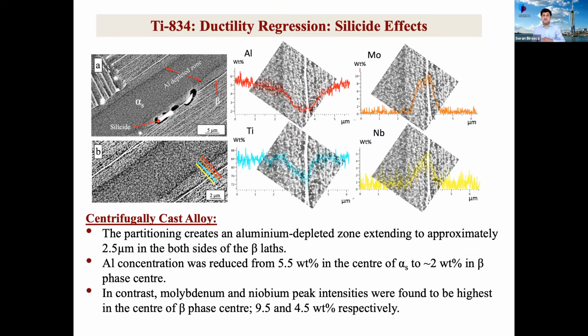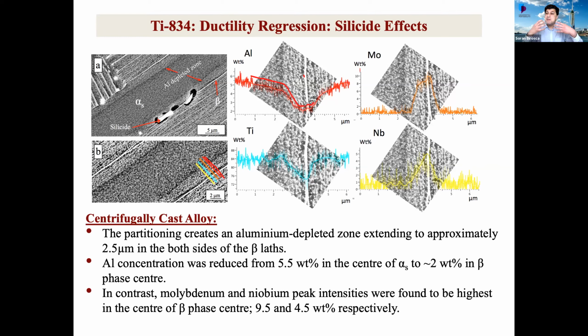And then we did some very detailed line scan EDX. So we found out that starting from alpha 2 to the beta phase, the aluminum, the red line here, is reducing in its concentration and is at minimum on the beta phase. So this is beta and the rest is alpha.